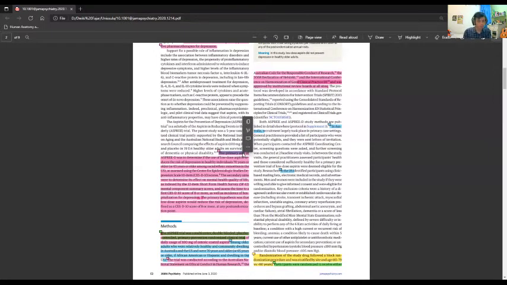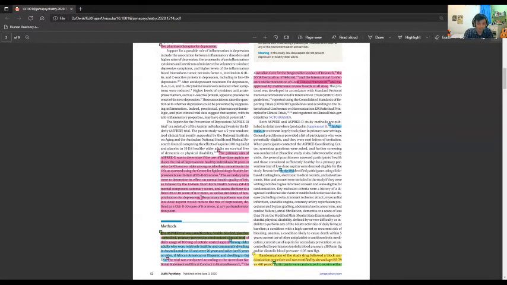Objective is the goal, the aim. This is the primary objective of the article, which was to determine if the use of low dose aspirin reduces the risk of depression in healthy individuals 70 years old or older. This is the main objective, the primary aim.